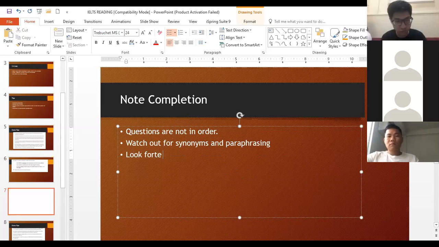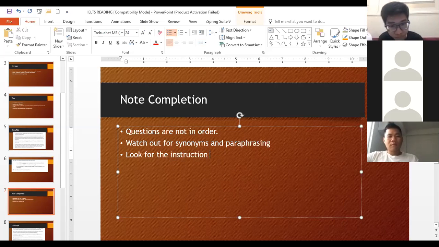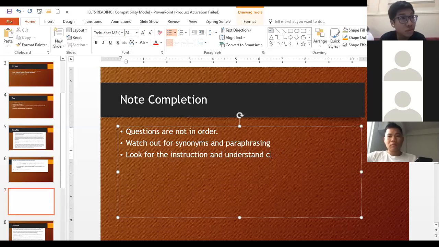Look for the instruction, like you need to know how many words you can fill in each blank. Any other tips? So questions are not in order. You need to watch out for synonyms and paraphrasing. Look for instruction and understand clearly. What else?